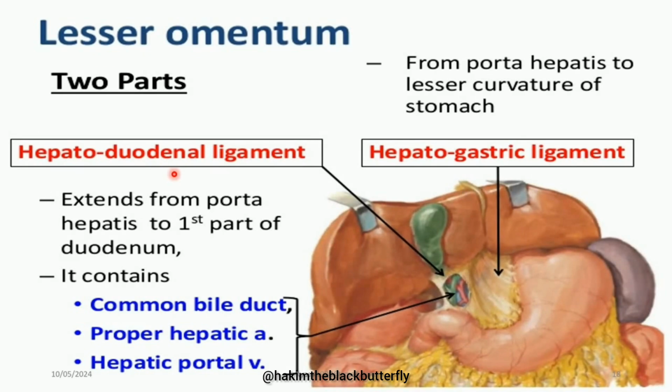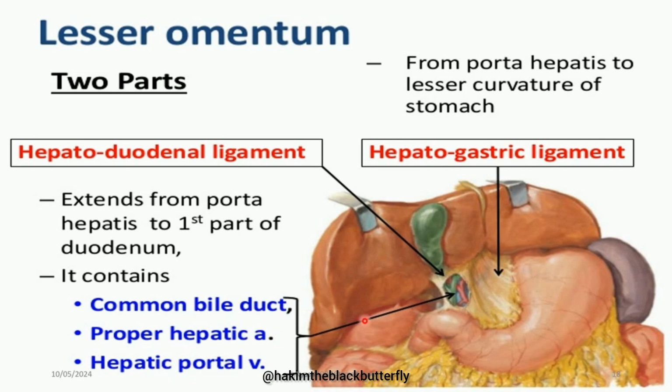You can see that normally within the hepatoduodenal ligament, there are going to be some structures running to and from the liver. These structures include the bile duct. We have the hepatic artery, which is going to nourish the liver.